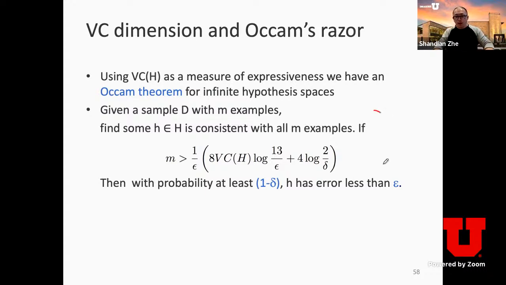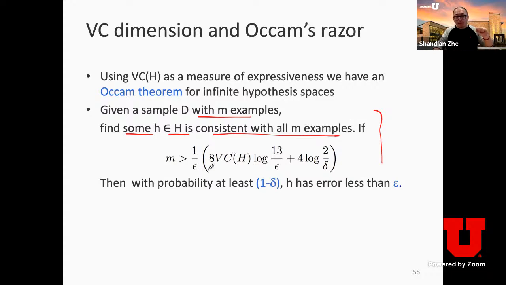Here is the result we get. Given training data D with m examples, find a hypothesis in some hypothesis space which is consistent with all the training examples. This is the consistent learning case. You have an infinite hypothesis space, but you guarantee your training error is 0.